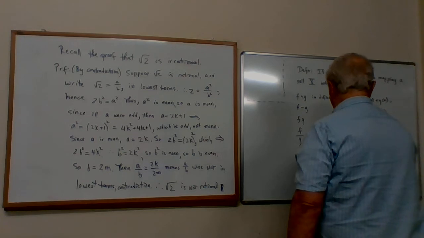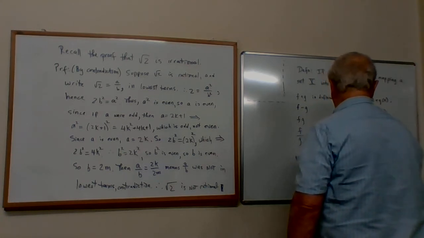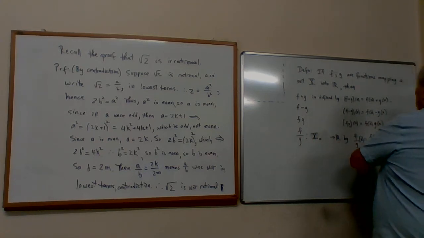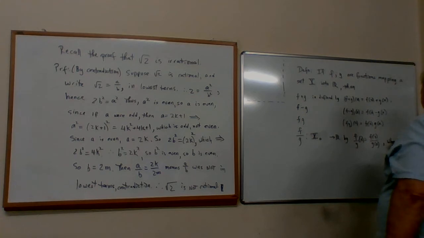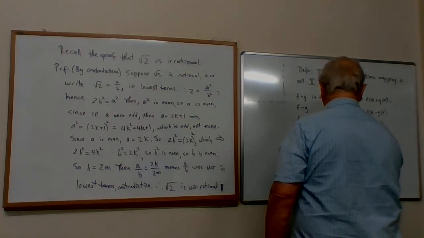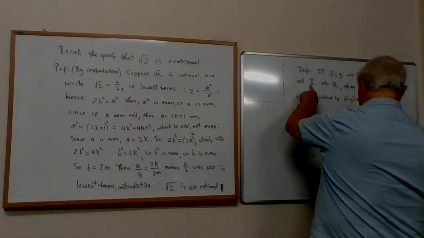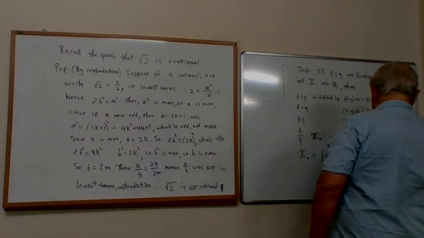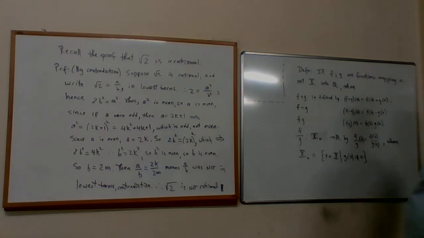Forgive me for that one. I'm going to define another set. It's going to map x sub 0 to R by this equation, where x sub 0 is the set of all x in X such that that denominator is not 0. So sorry about that. So x sub 0 is a set of all the things in X that do not land on 0 when I plug them into g. That's the set that gets mapped into R.